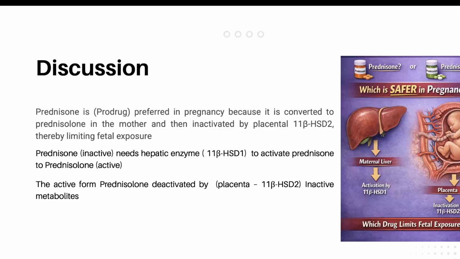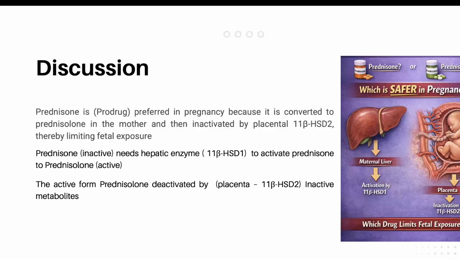So when this prednisone is converted to prednisolone, the prednisolone by itself cannot reach the fetal circulation. Why? Because of 11 beta hydroxysteroid dehydrogenase type 2. This type 2 is responsible for deactivation of the prednisolone and converts it back to the prednisone.